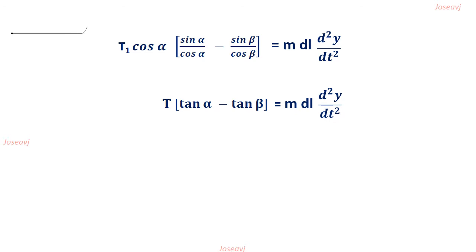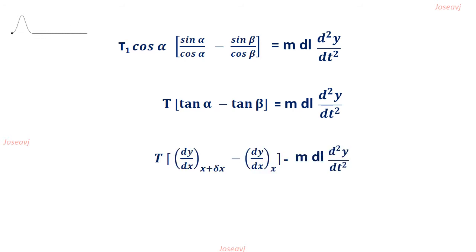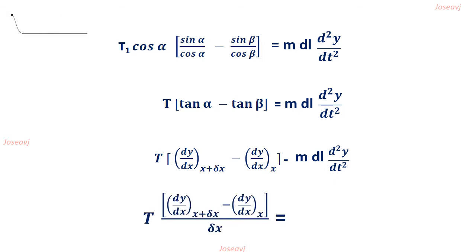Now tan alpha is nothing but slope at x plus delta x, and tan beta is slope at x. Therefore, the above equation takes the form T into slope at x plus delta x minus slope at x is equal to m dl d squared y by dt square. Simplifying, we get T into slope at x plus delta x minus slope at x divided by delta x. Delta x is same as dl, is equal to m into d squared y by dt square.